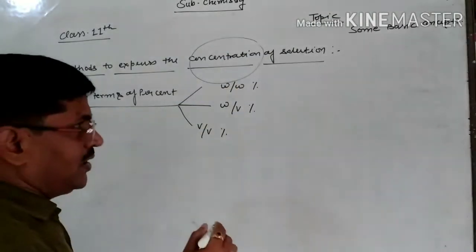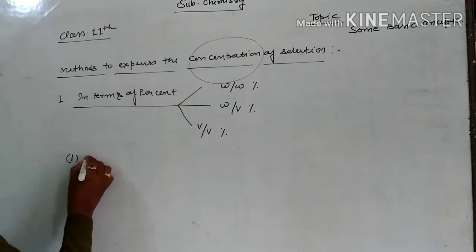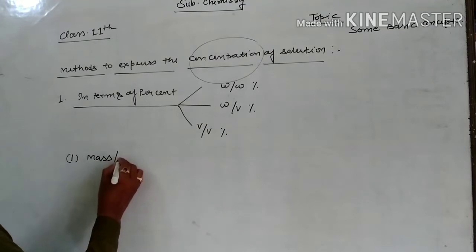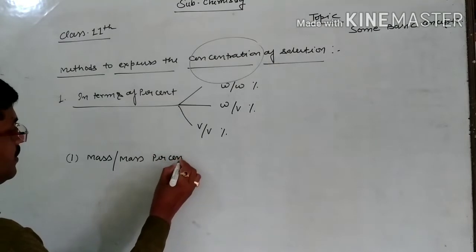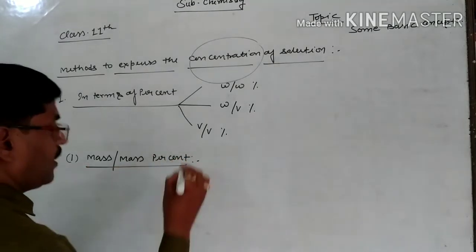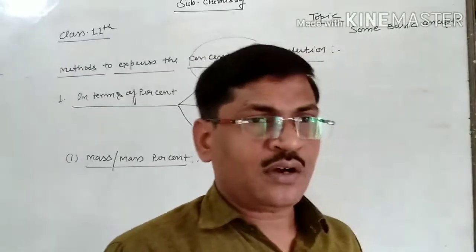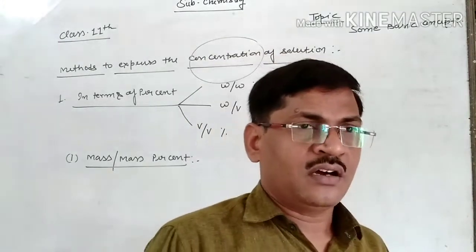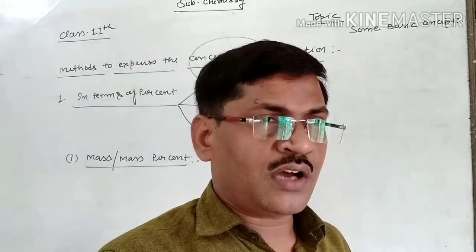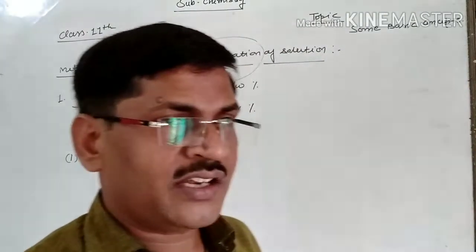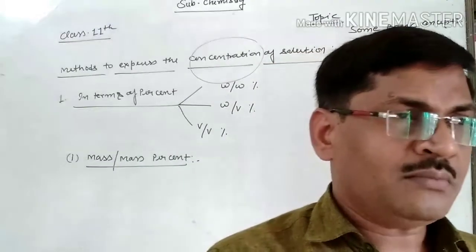First of all, W by W. What is W by W? This is also known as mass upon mass percent. It represents the mass of solute, in grams, present in 100 gram of solution.